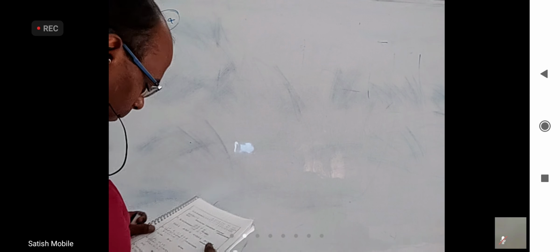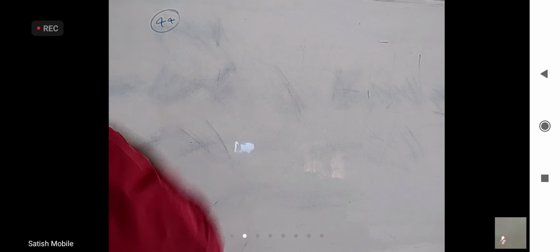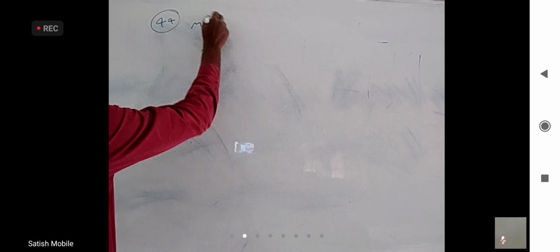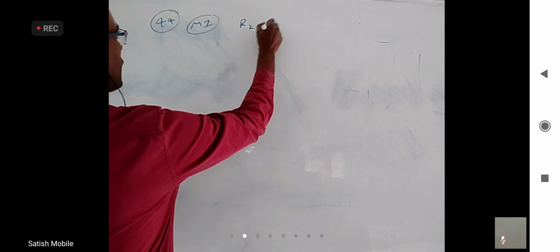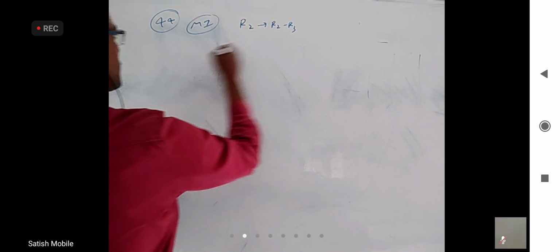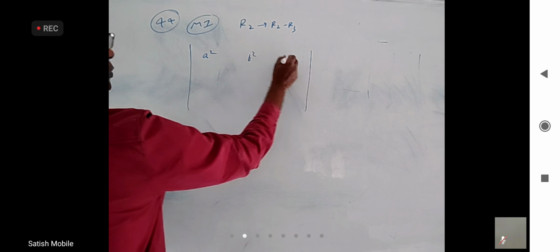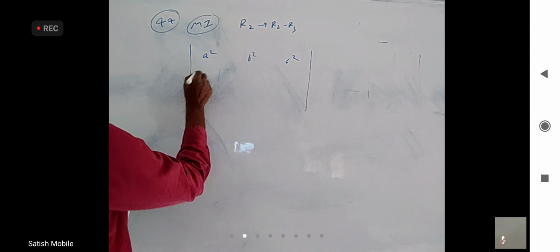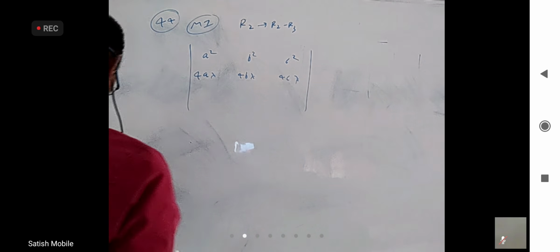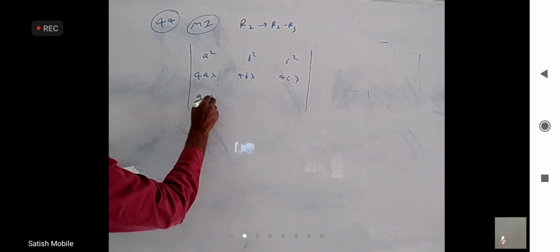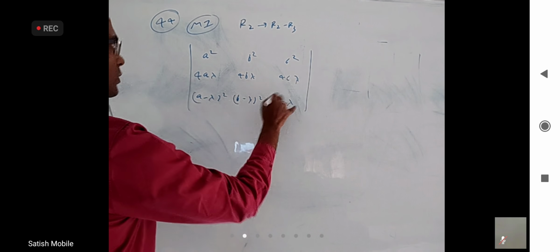44, 2-3 methods I want to tell. Method 1, you straight away do R2 as R2 minus R3. You will get A square, B square, C square, 4A lambda, 4B lambda, 4C lambda, and A minus lambda whole square, B minus lambda whole square, C minus lambda whole square.